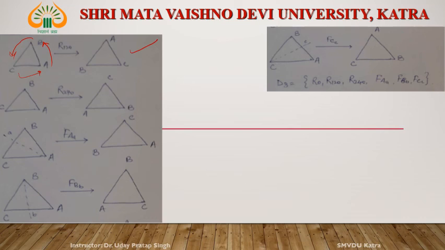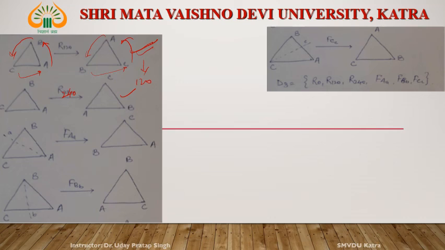Again rotate it, not 270, this is 240, sorry. Rotating again through 120 degrees, C comes here, A goes here, B goes here. This is R240.